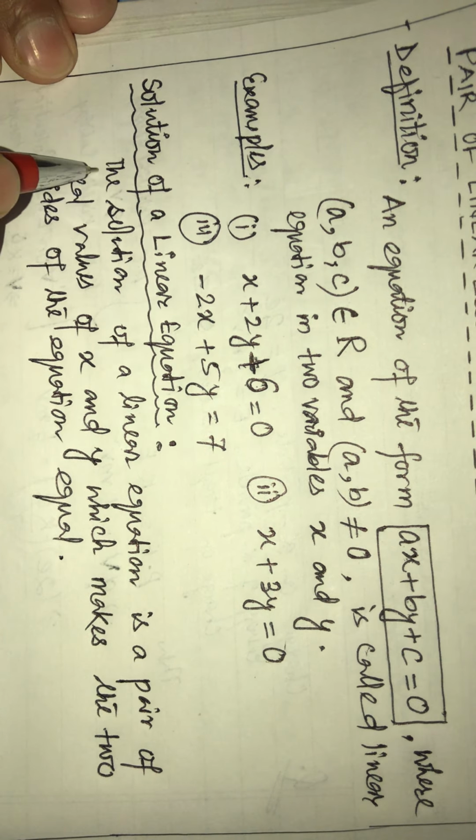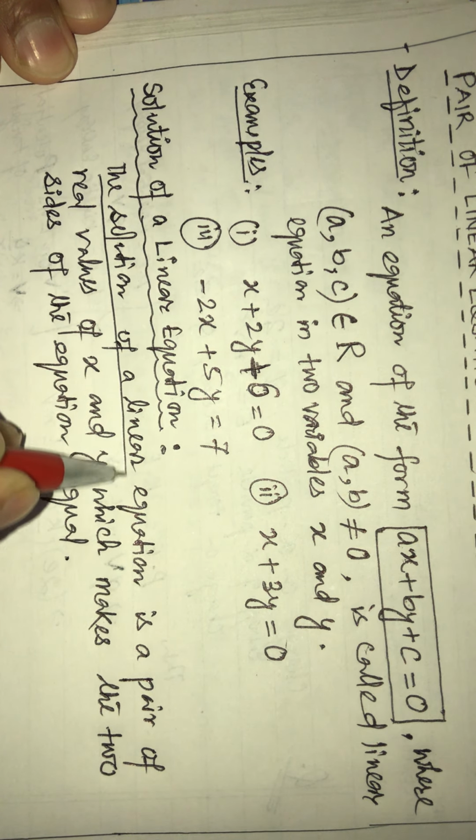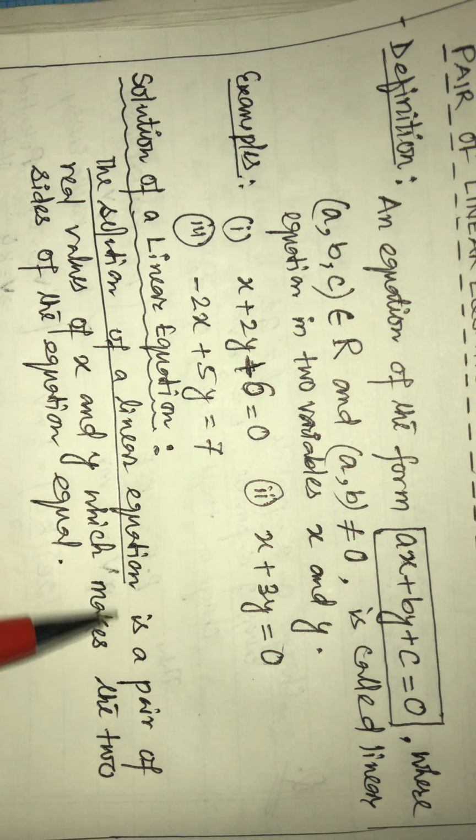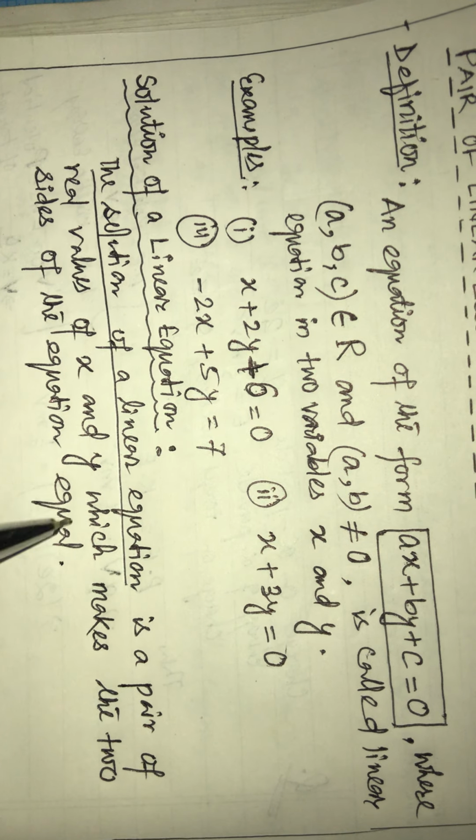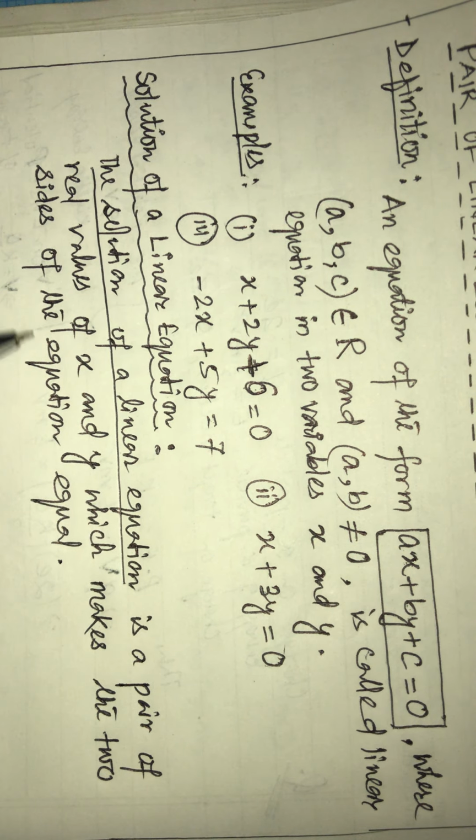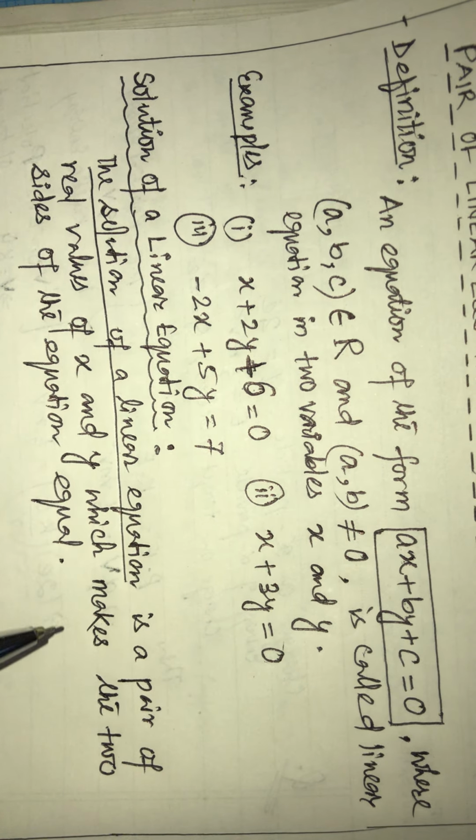So that's the definition, or the meaning, of a solution of a linear equation. A solution of a linear equation is a pair of real values of x and y which makes the two sides of the equation equal.